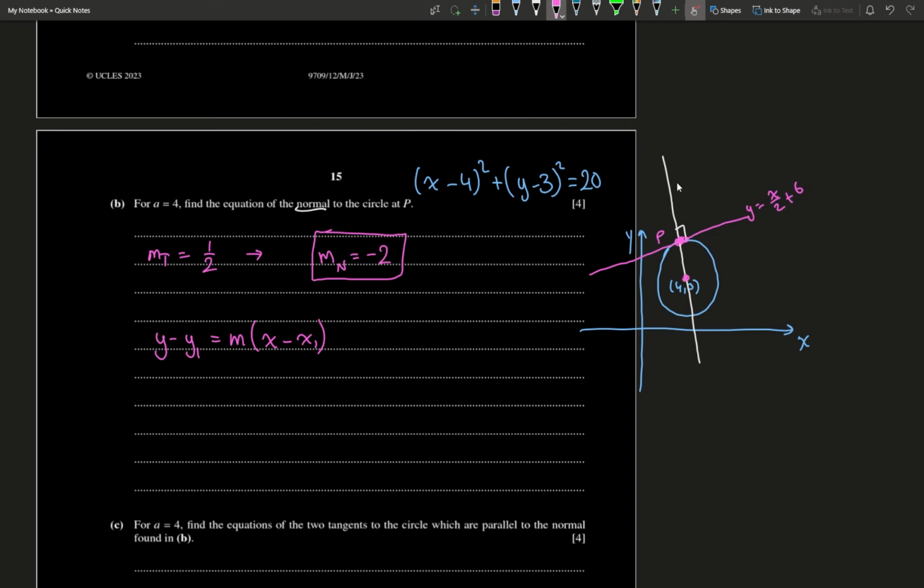Good. If this normal line passes through the center of the circle, then we can use the coordinates of the center of the circle in our straight line equation of the normal. Does that make sense? Again, if we have a tangent to a circle and then draw the normal line of this tangent, this normal line will pass through the center of the circle.